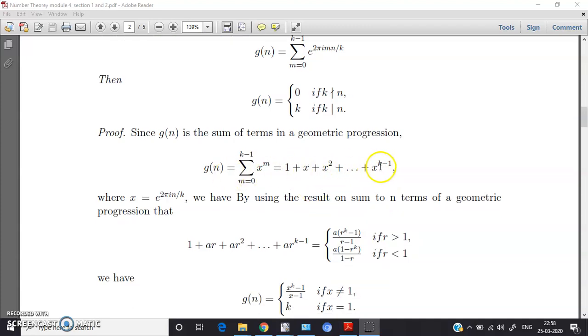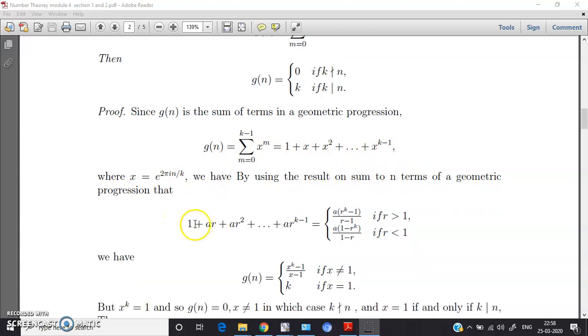Now if we use the result for the sum of k terms of a geometric progression, that is a plus a r plus a r square plus etc. up to a r raised to k minus 1, the result will be a times r raised to k minus 1 by r minus 1 if r is greater than 1, and a times 1 minus r raised to k by 1 minus r if r is less than 1.